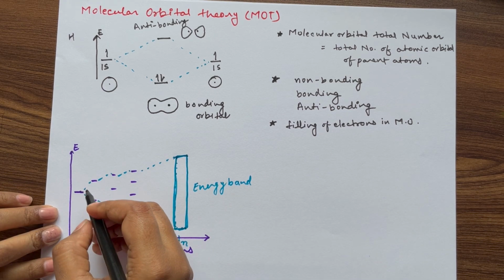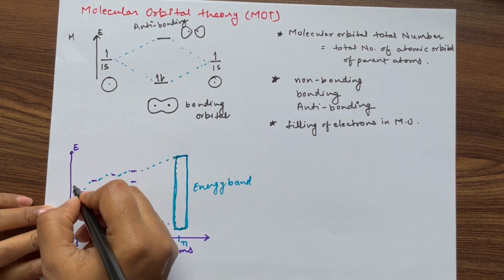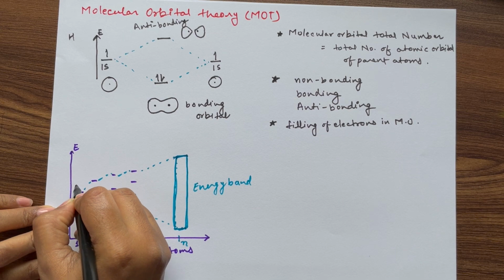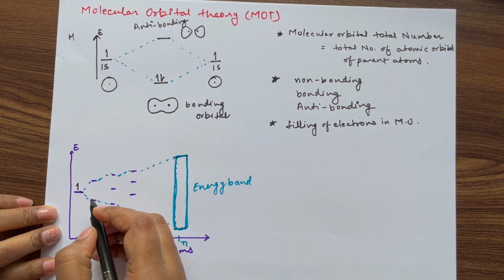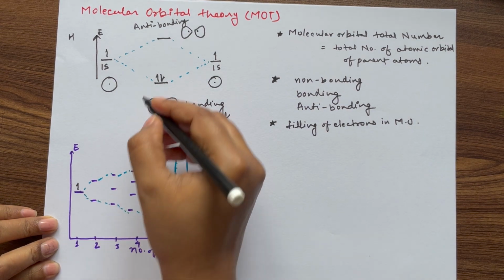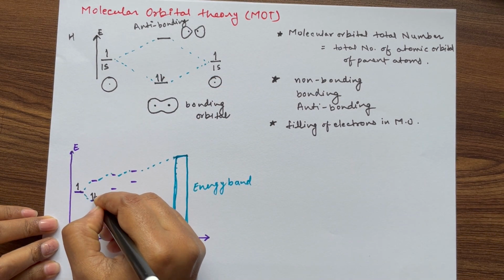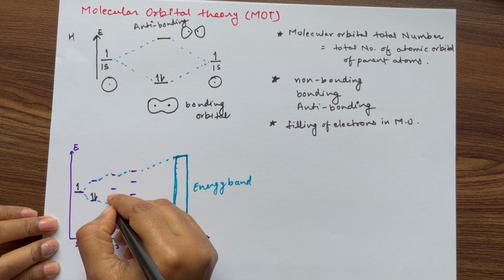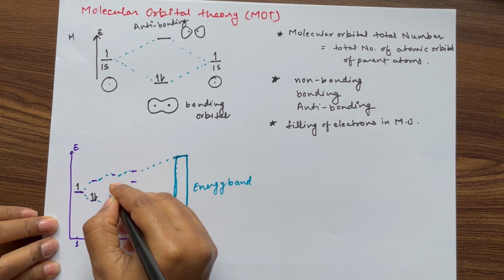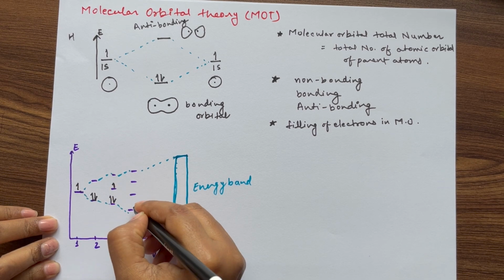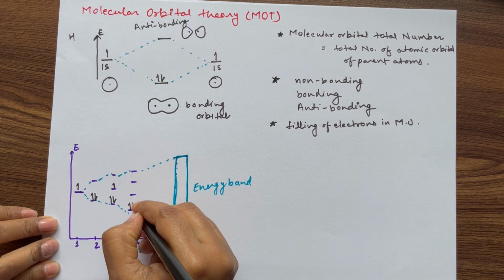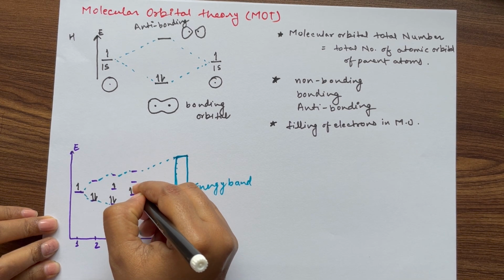We should also see the filling of the electrons. So here one hydrogen atom will have one electron. A molecule of two hydrogen atoms will have two electrons in the lower energy state. With three hydrogen atoms, there will be three electrons. With four hydrogen atoms, four electrons.